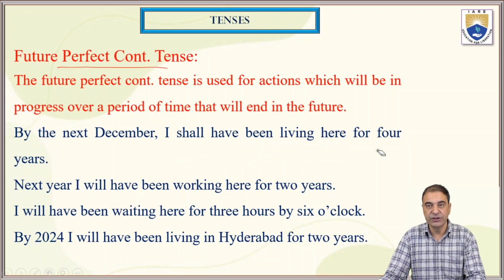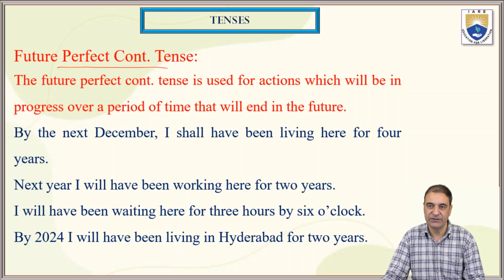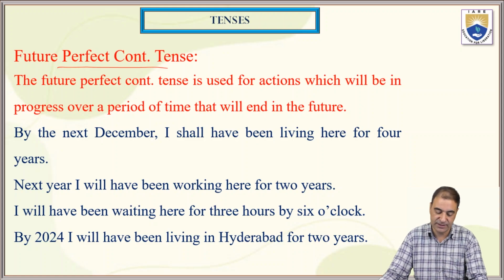Here, next year, I will have been working here for 2 years. Here, I lay stress on the continuity of action. That means the action will remain continuous up to some point in the future, and thereafter that action will complete at that point in the future. That's why we call it future perfect continuous tense.